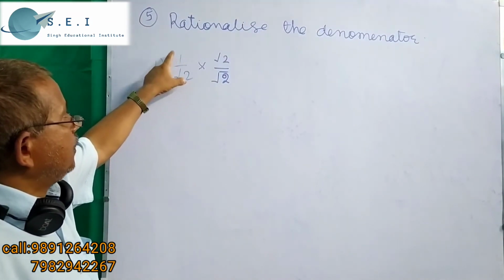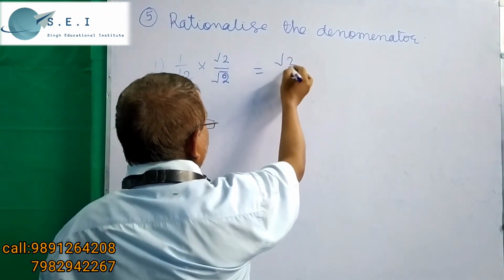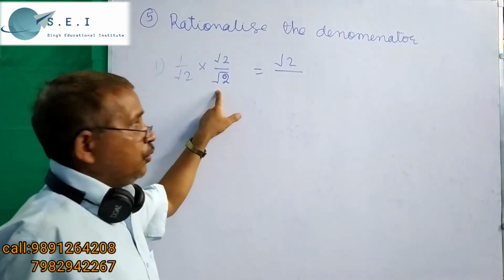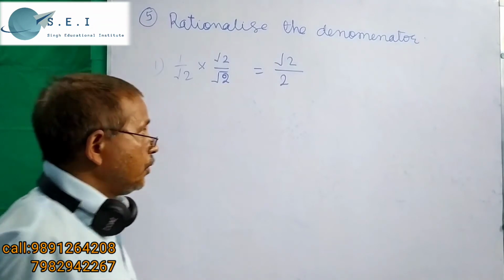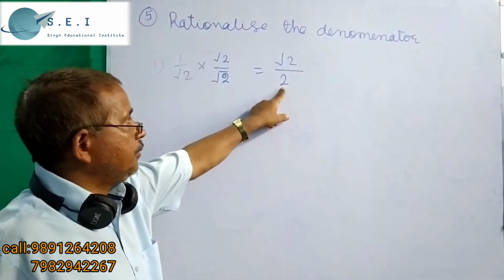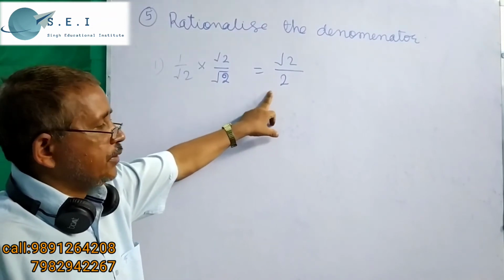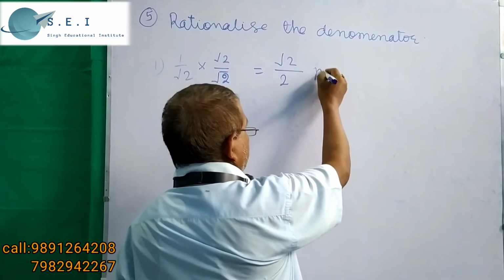So numerator 1 multiplied by root 2 is root 2, and root 2 multiplied by root 2 is root under 4, which is ultimately 2. So here the denominator becomes a rational number. Our rationalization process is completed, and this is our answer.